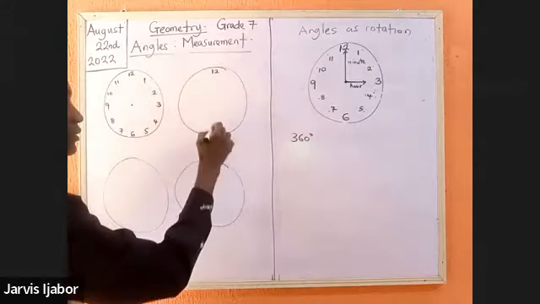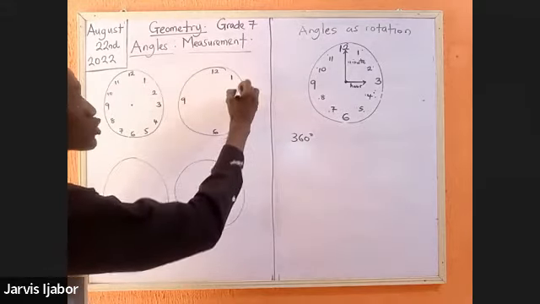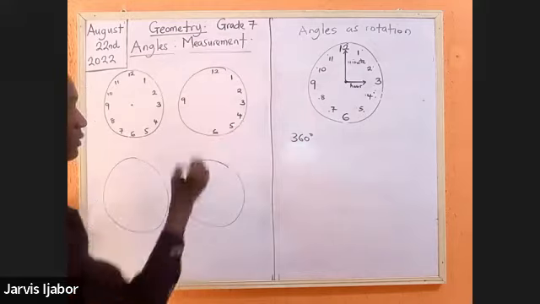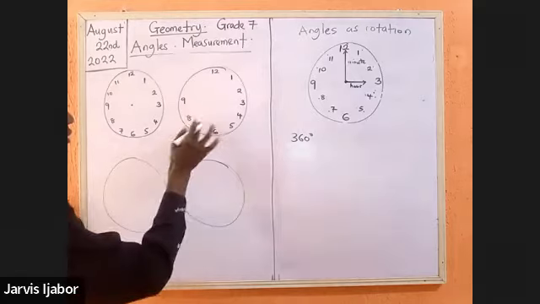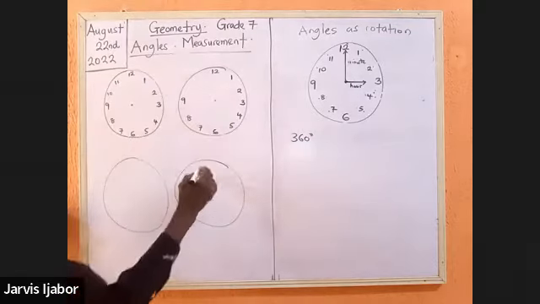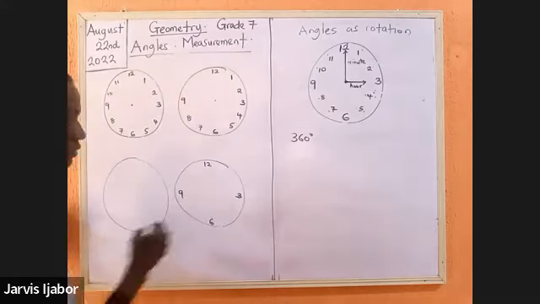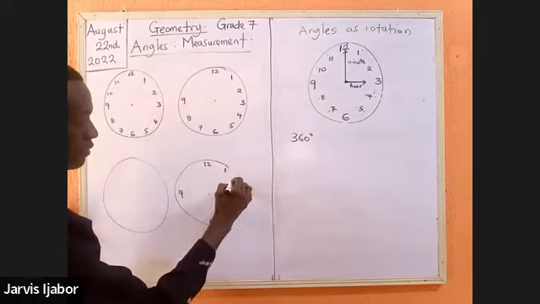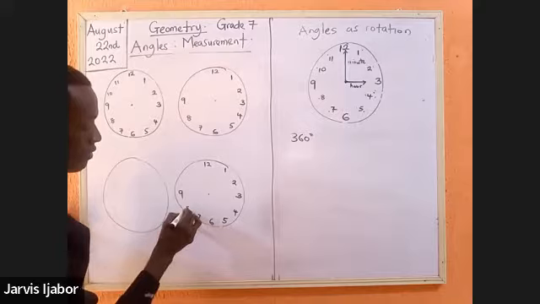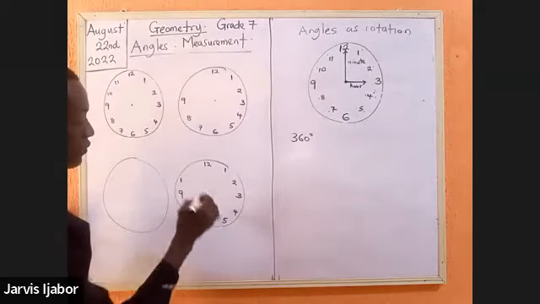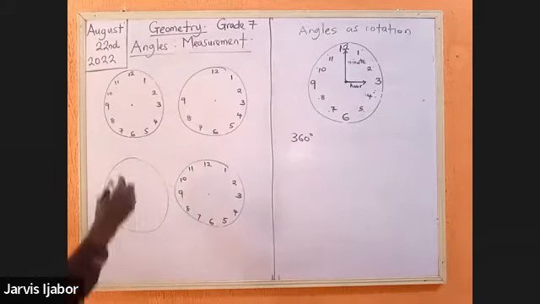I'm going to draw all of them, so don't think maybe it's on purpose, because I need you to be able to draw this. Are you seeing that? Now I'm going to draw the last one.